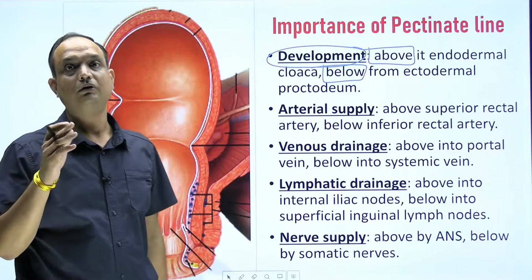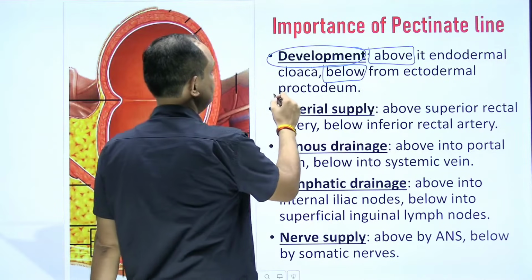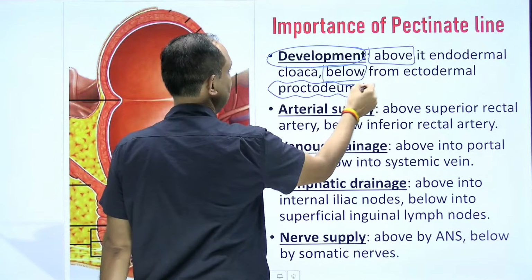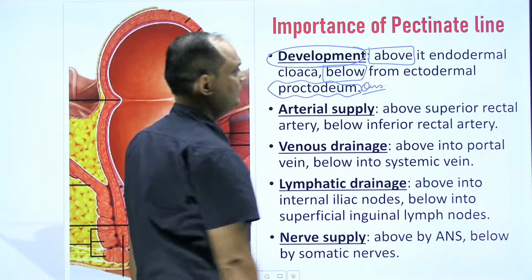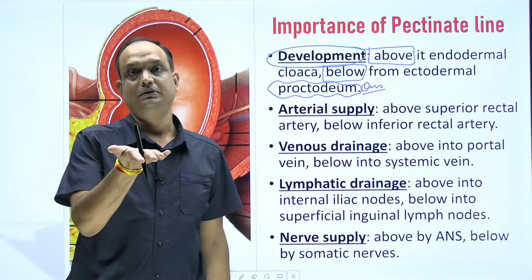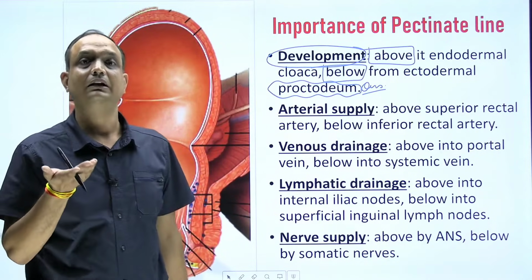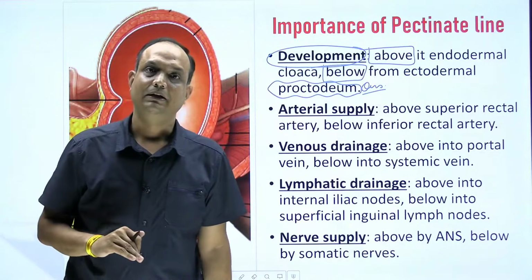Now, the area of the anal canal which develops below the pectinate line is known as proctodeum. Clear? This is a question of your exam. What is proctodeum? Proctodeum is a depression in the lower part of the ectoderm, and that is going to form your anal canal below the pectinate line.